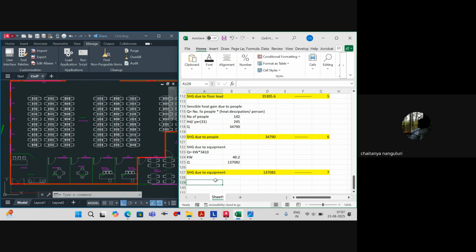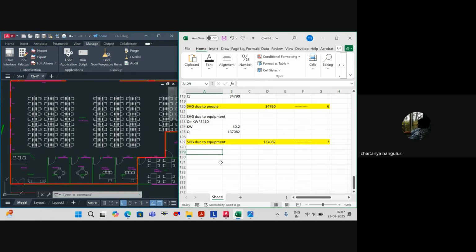And coming to the next one, once sensible heat gain due to equipment is done, then we'll be working on sensible heat gain due to lighting. Sensible heat gain due to lighting, that is nothing but Q is equal to wattage per SFT, because if the electrical drawing is already there with you, nothing as such.